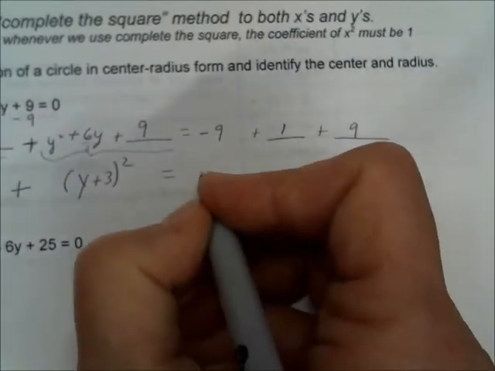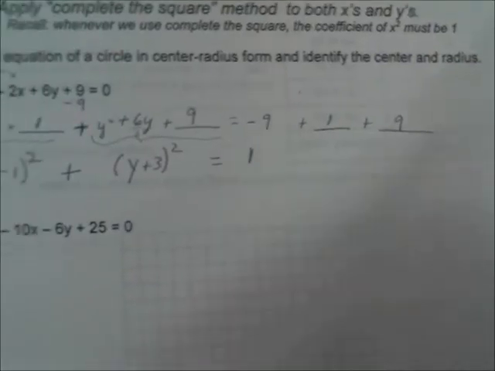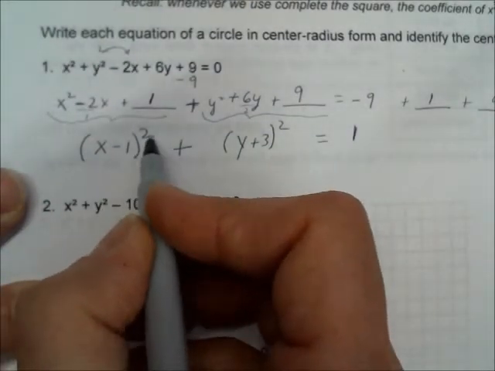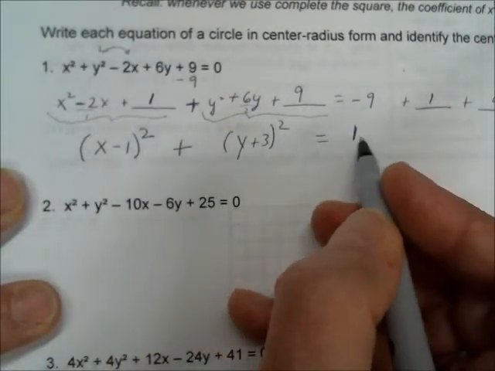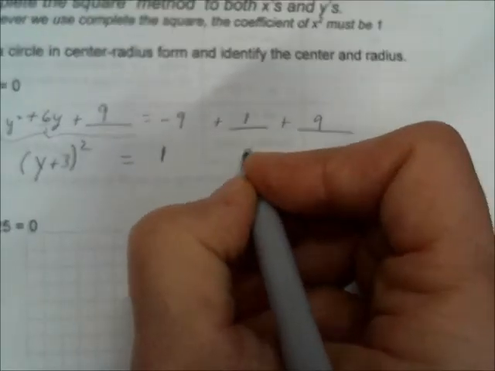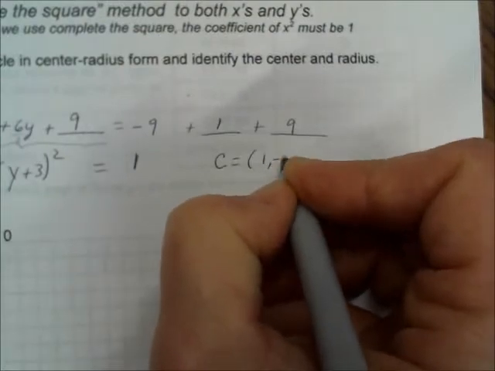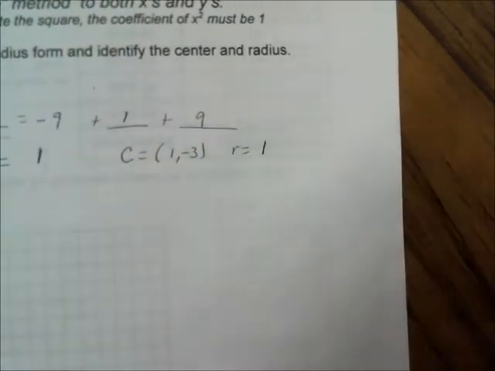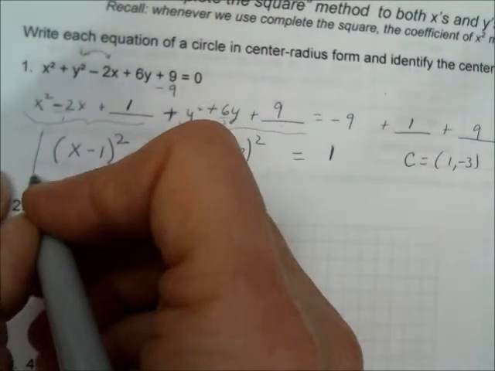If you add those all up, you're going to just be equal to 1. So now we're done. We've written it. This is (x minus h) squared plus (y minus k) squared equals r squared. So the center is 1, negative 3. And the radius is the square root of 1, which is just 1. So here's the equation.